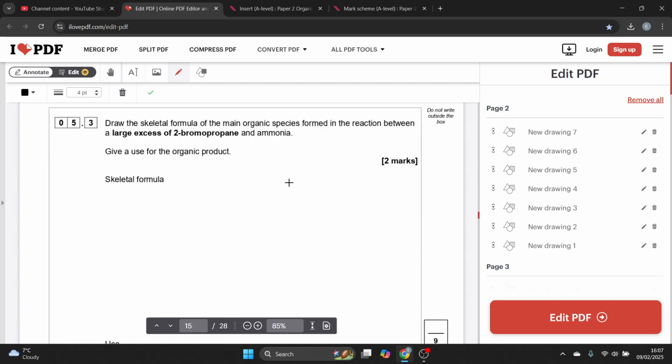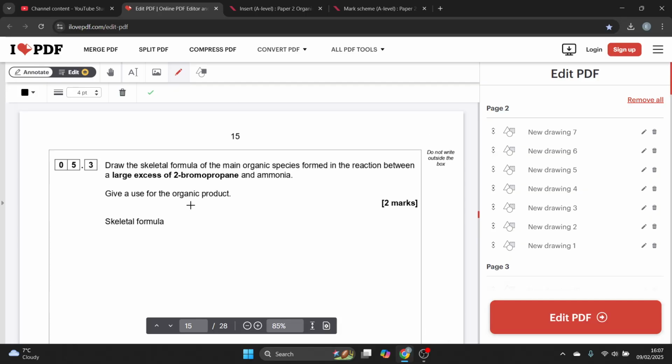Then it said draw the skeletal formula of the main organic species formed from the reaction between a large excess of 2-bromopropane and ammonia. The skeletal formula of the main organic species.